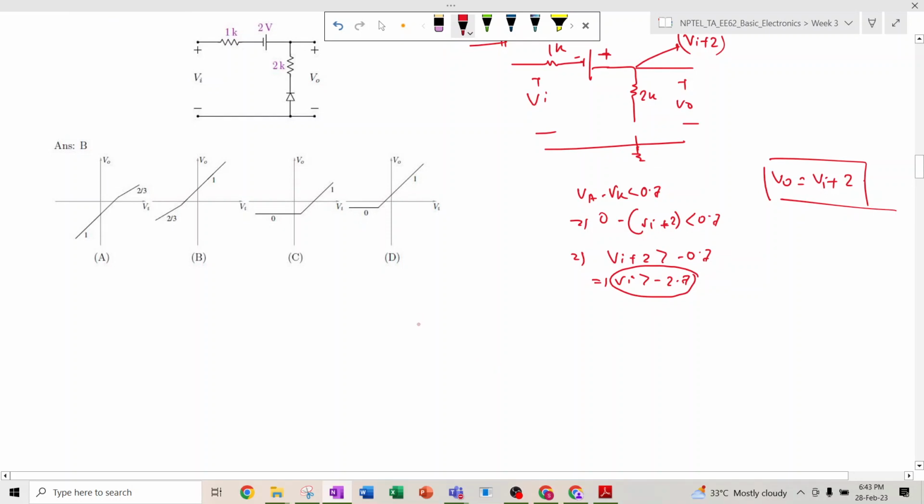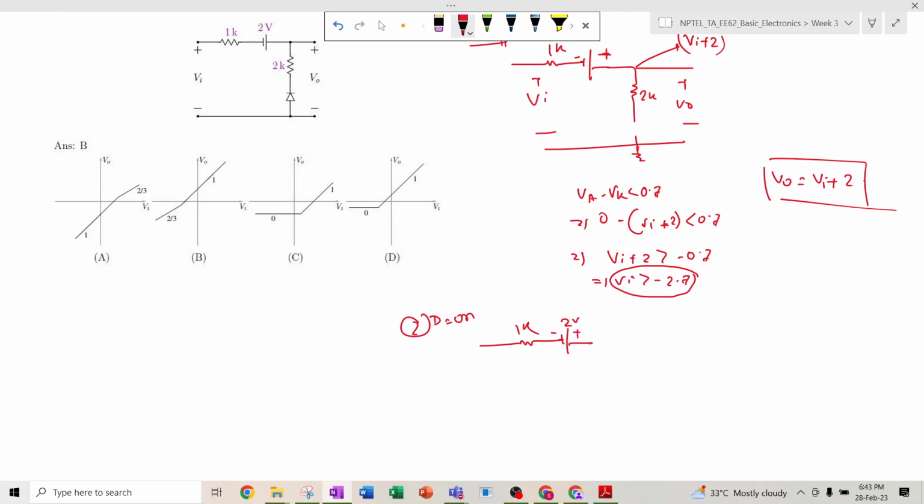In the second case, the diode will be on, so the circuit becomes 1K. This is 2 volt, this is 2K, and here it is the negative terminal, and this will be the positive terminal because it is P and it is N, right? So minus plus, this is 0.7, this is Vo, this is Vi.